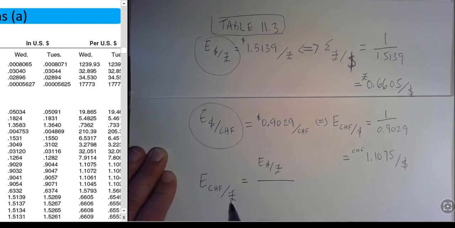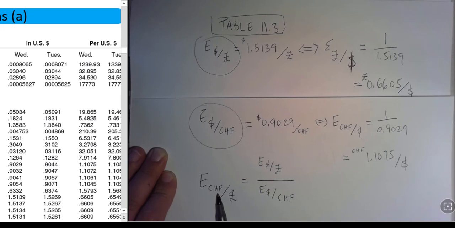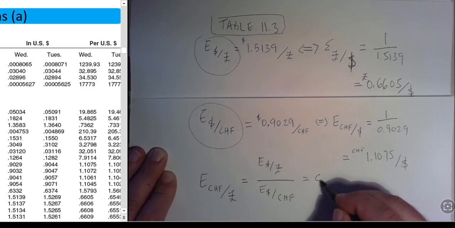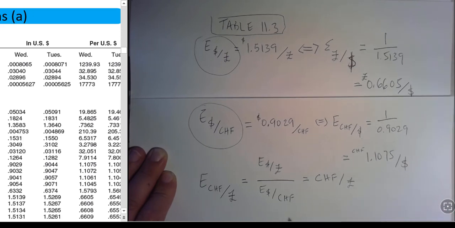And on the denominator you put the dollars per Swiss franc. Okay? And the result is going to give Swiss francs per pound. So note, you want to know Swiss francs per pound. So you put the Swiss franc quote in the denominator and the pound quote in the numerator, both related to the same currency. In this case, we're using the dollar as the reference.